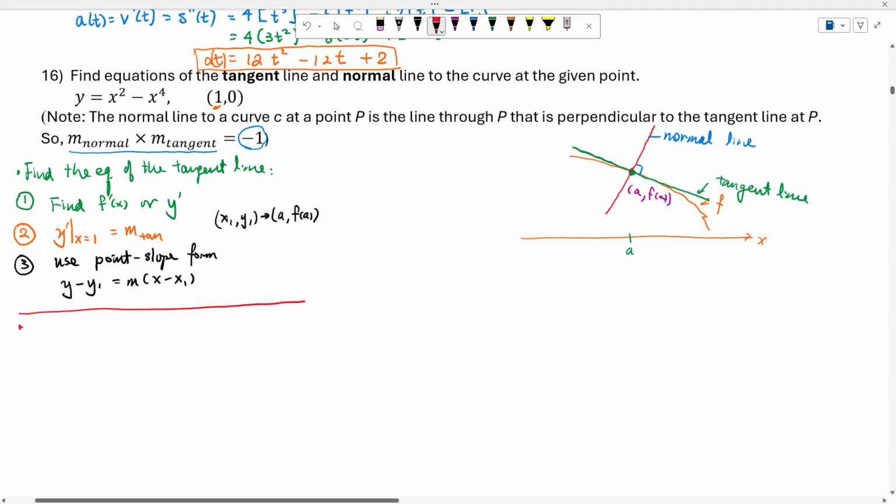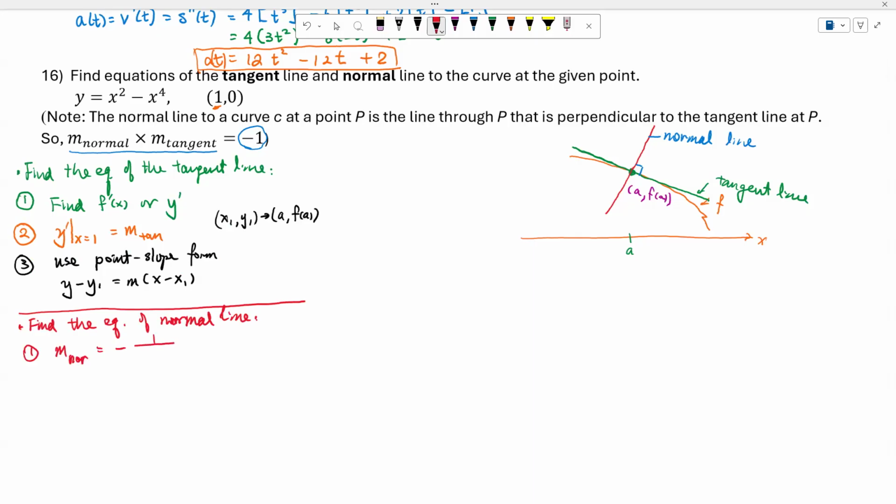And now, if I want to find the equation of the normal, then again I need the slope of the normal, which is the negative reciprocal of the slope of the tangent.